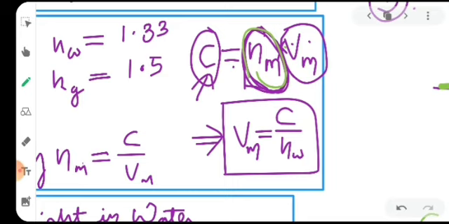So that is what the refractive index indicates. Refractive index indicates that the light moves slower by a factor which is equal to the refractive index in the given medium.